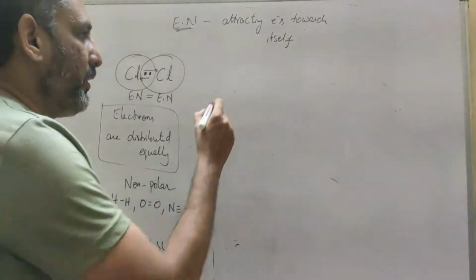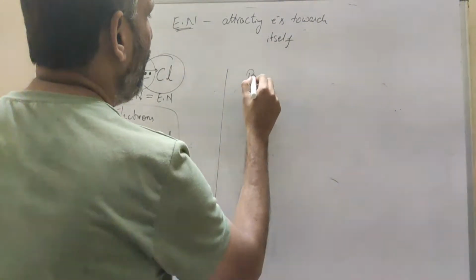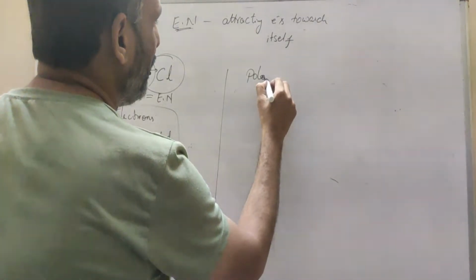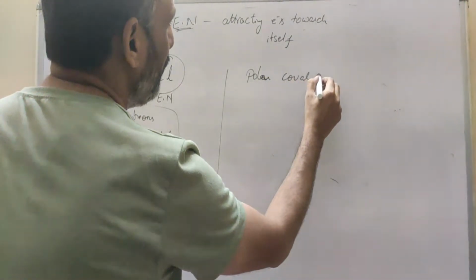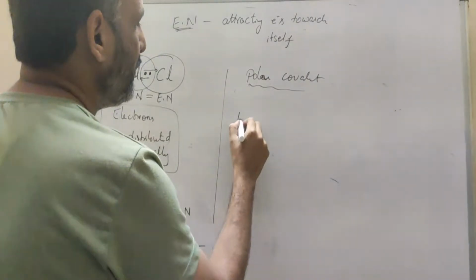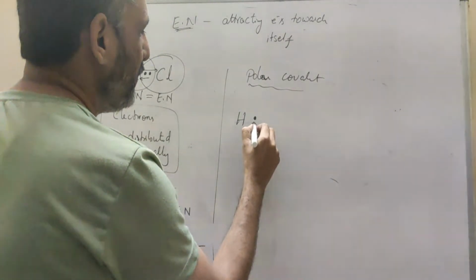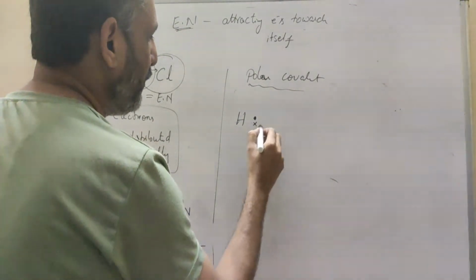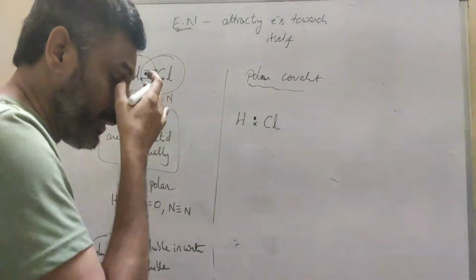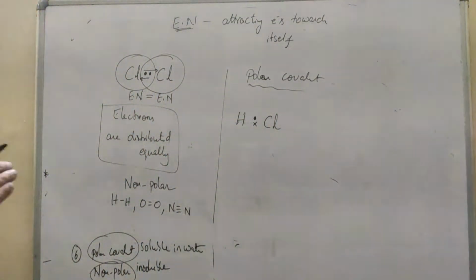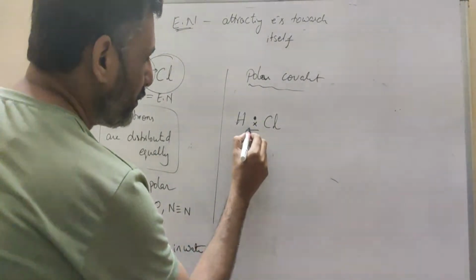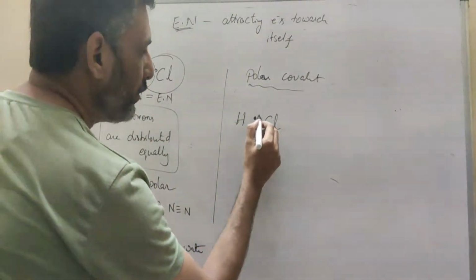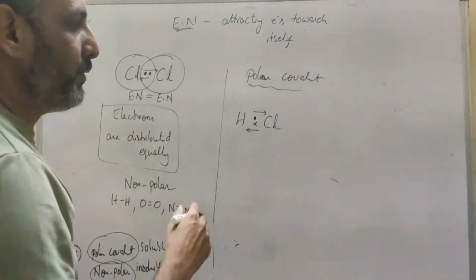Now coming to polar. What is polar? In case of polar covalent, like HCl, hydrogen is contributing one electron and chlorine is contributing one electron. So now hydrogen will be trying to pull these electrons towards itself. Chlorine also will be trying to pull those electrons towards itself.